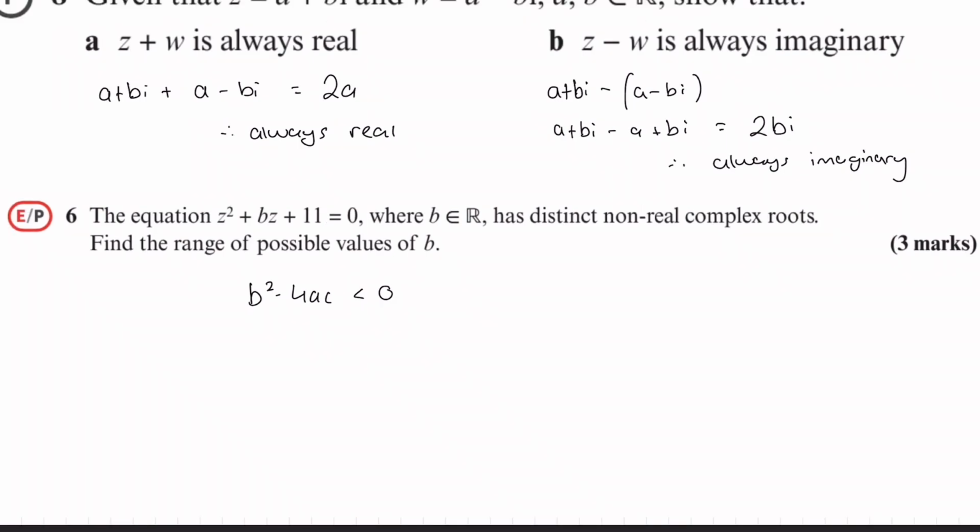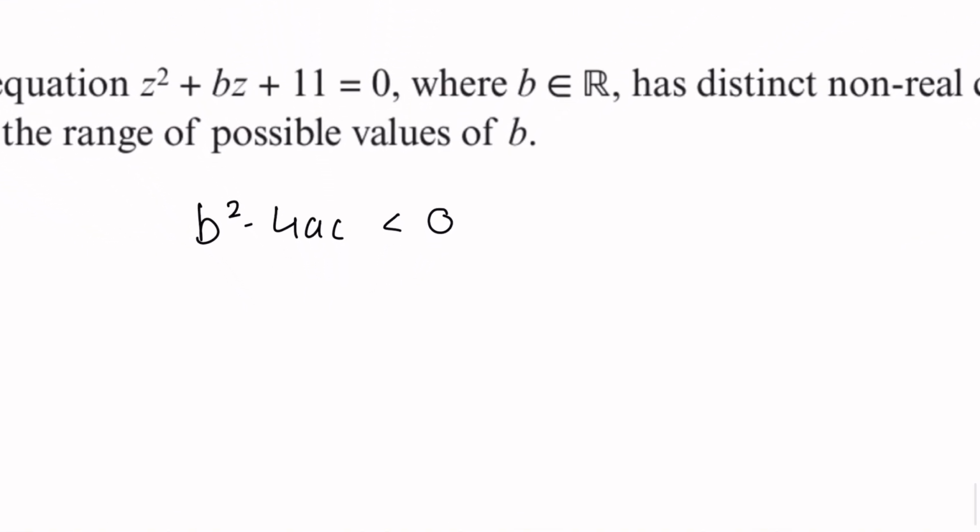So b squared minus 4ac has to be less than 0. So b squared minus 4 times 1 times 11, minus 44, has to be less than 0.